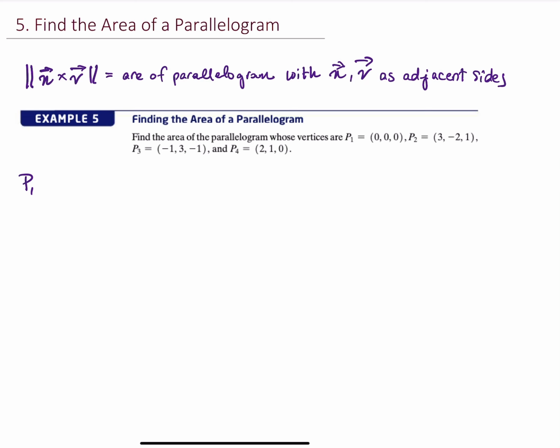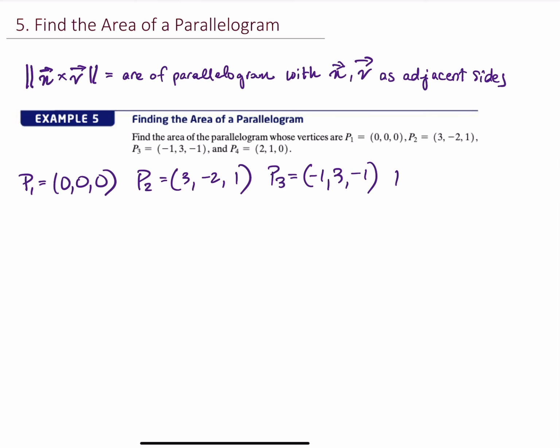We have point 1 is 0, 0, 0. Point 2 is 3, -2, 1. Point 3 is -1, 3, -1. And point 4 is 2, 1, 0. So the question becomes which sides do we choose?